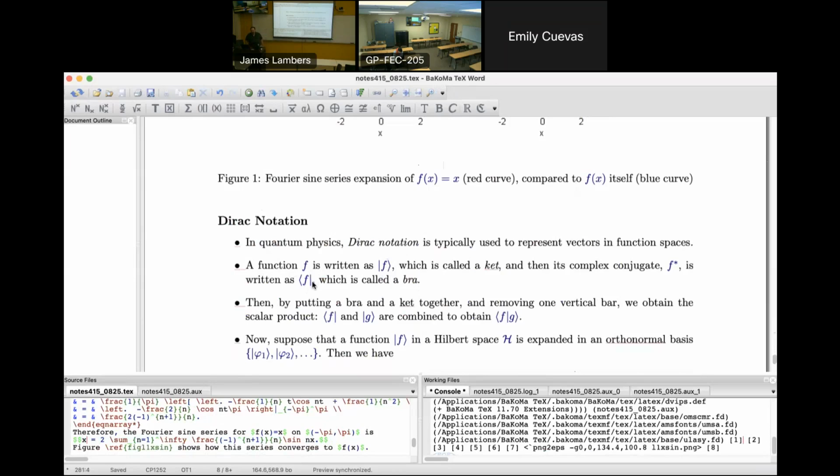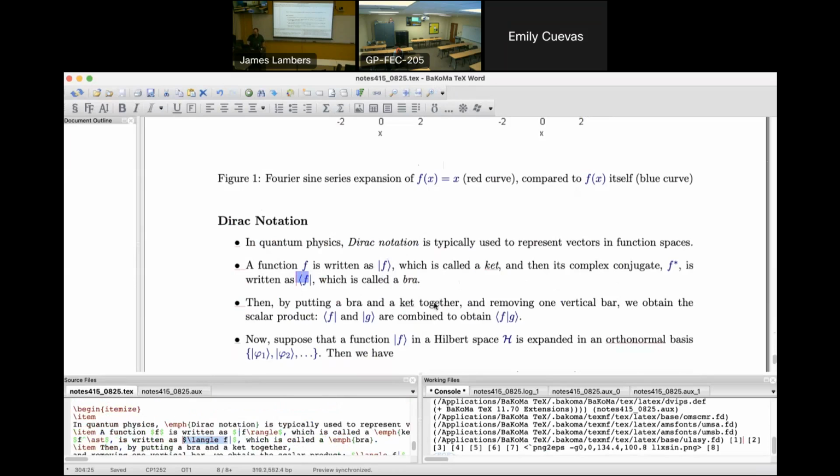And so the way these are named is to take the word bracket and assign one half of that word to each entity. So the left one, that's the conjugate, is called a bra. And the right half is called a ket. Kind of weird, but I'm a physicist, so what do you expect?